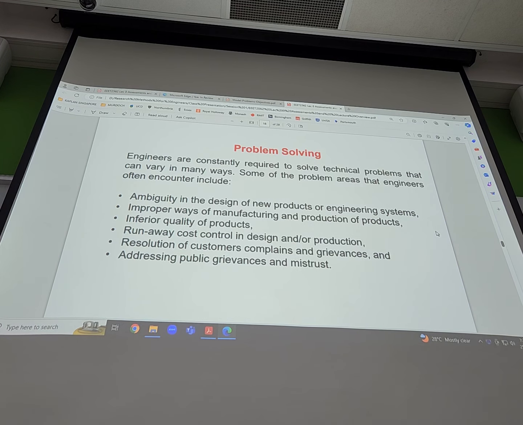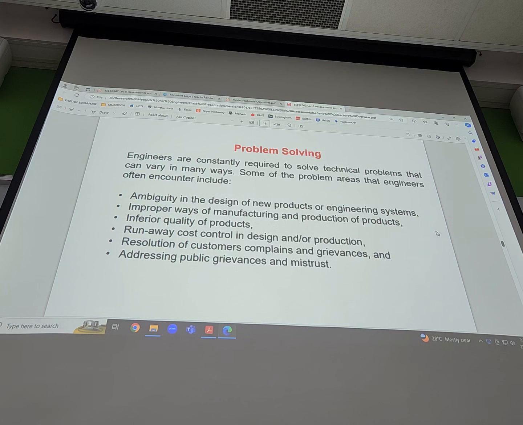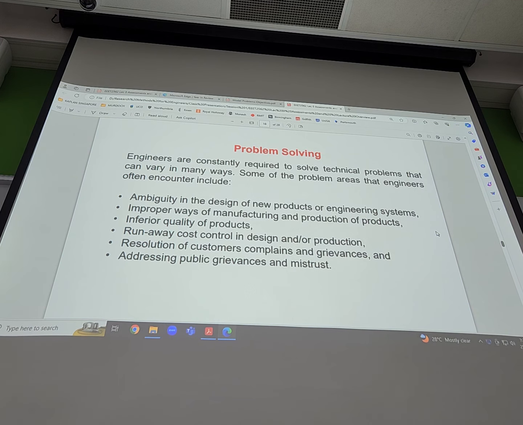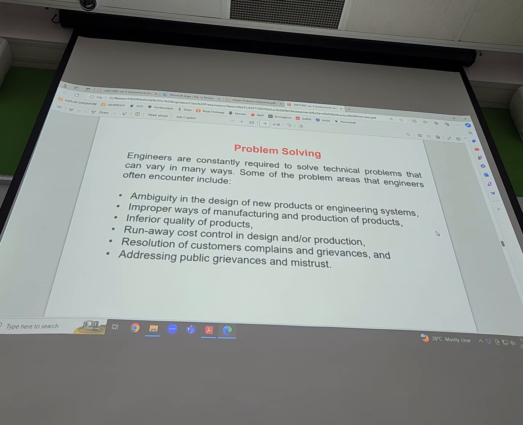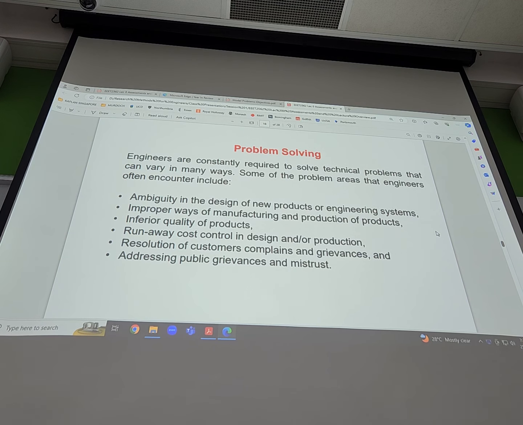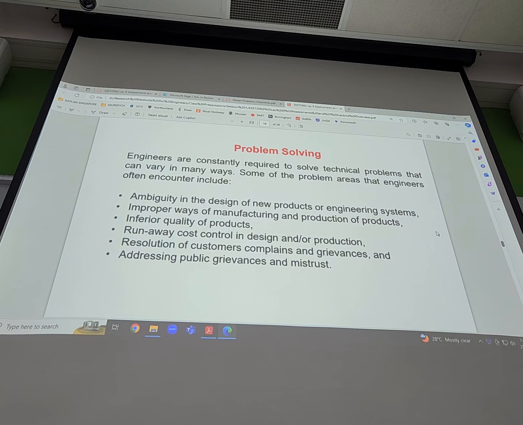The problems can be improving a process, reducing the defects of a process, improving the capability of a process, designing new products, improving the manufacturing or production processes, improving the quality of a product, or reducing the cost of the design or the production. There could be day-to-day problems related to your workplace and your engineering, so you can pick up any such problem.